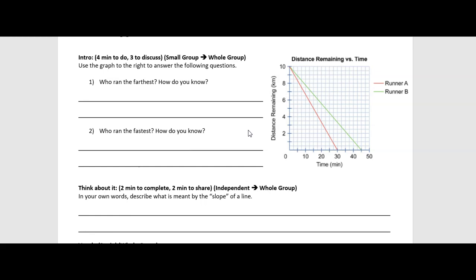Well, if we look at the red and the green line, or segments rather here, we're going to take a look at the y-axis. They both start at 10 kilometers, and they both finish at 0 kilometers. Again, we're just looking at the y-axis here. That represents distance. So they ran the same distance.